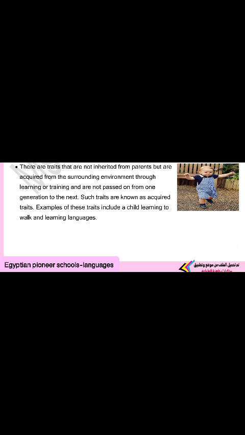There are traits that are not inherited from parents to offspring, and they are acquired from the surroundings or the environment by learning and training, and are not passed from one generation to another. These traits are known as acquired traits.